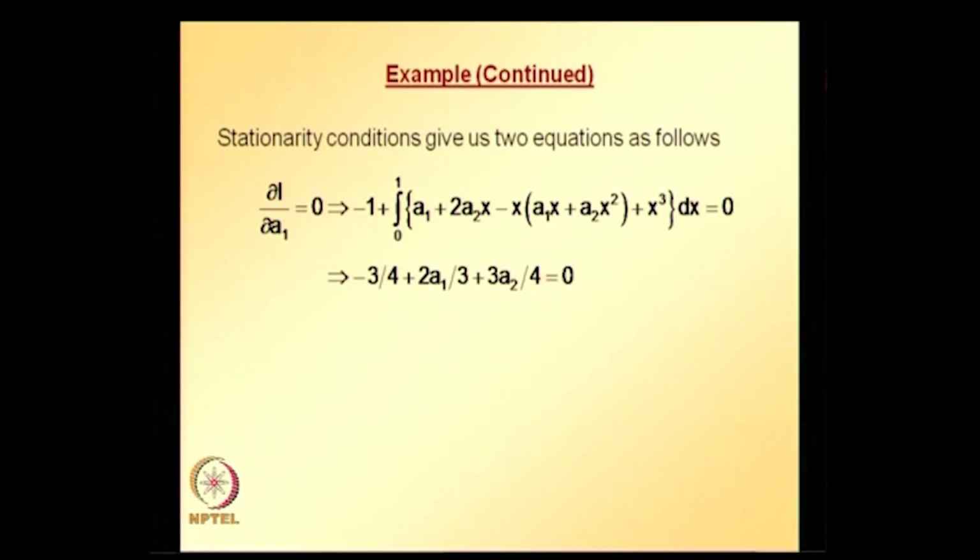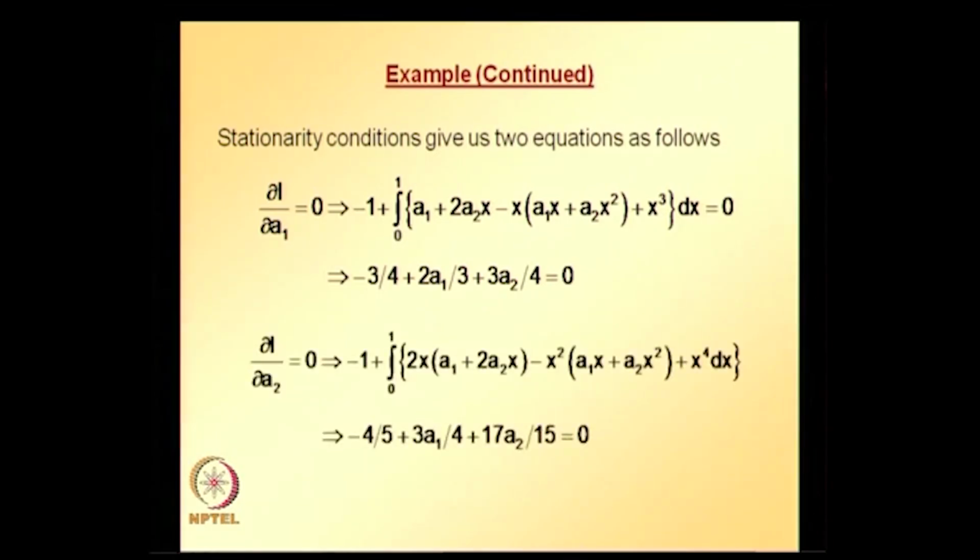How do we get the second equation? The second equation can be obtained using the second stationarity condition, that is the partial derivative of I with respect to a2 is equal to 0. So you get two equations both in terms of a1 a2, and you can solve these two simultaneous equations for a1 a2.